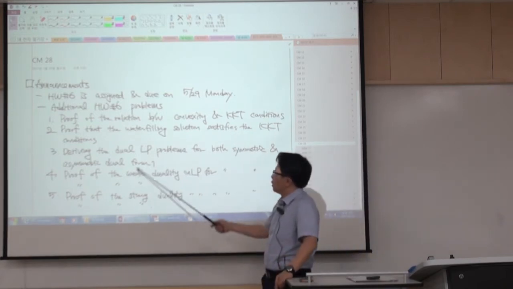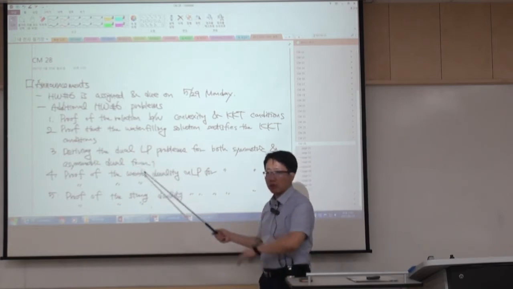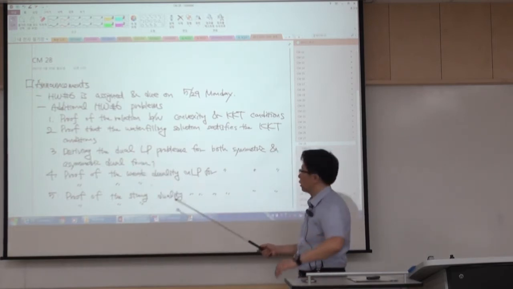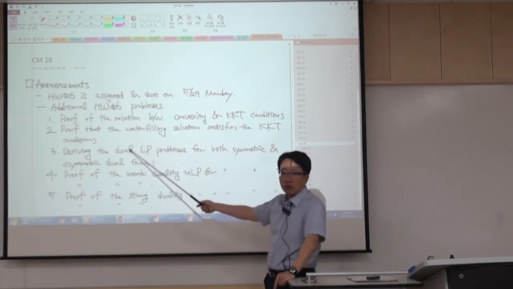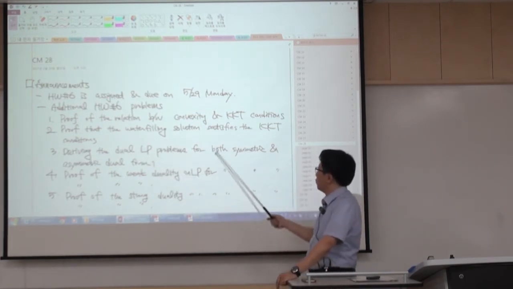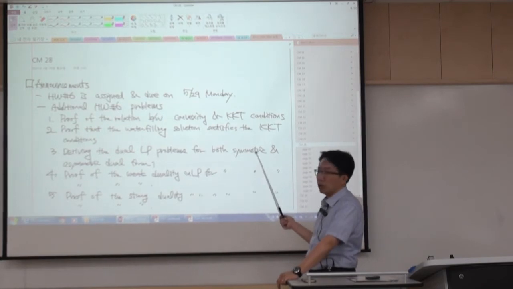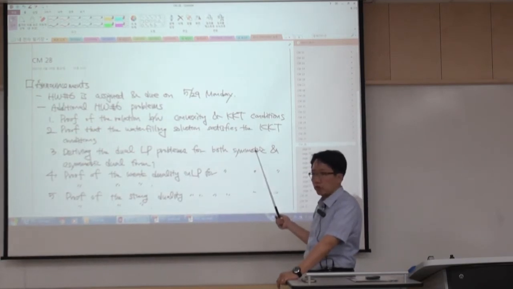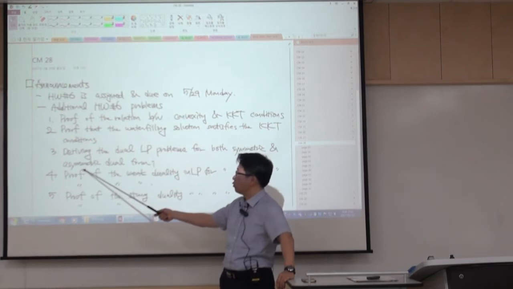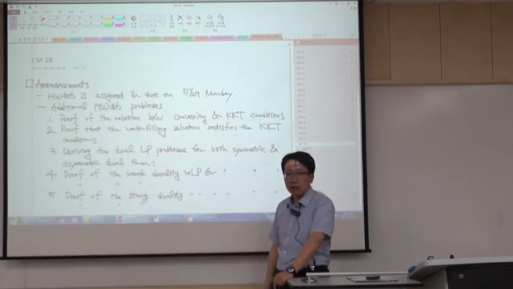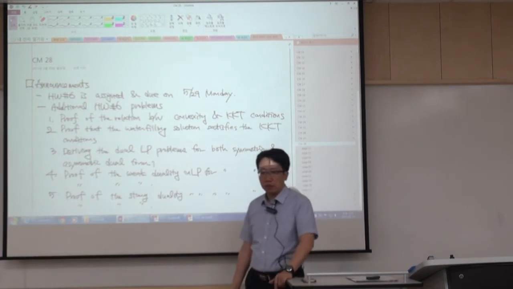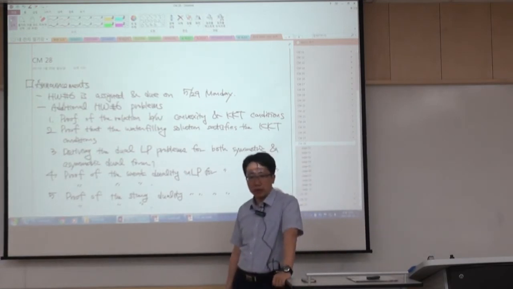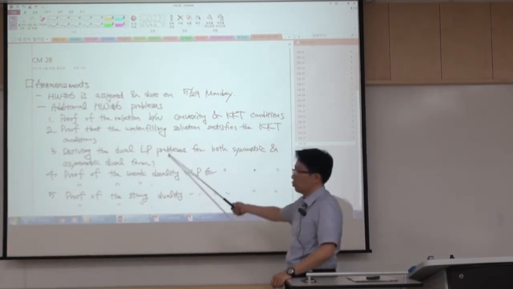The third one, as I'm going to summarize in a few minutes, is deriving the dual LP problems for symmetric dual form and asymmetric dual form, which means that the asymmetric dual form has the standard form LP, but the symmetric form primal LP does not have that. I'm going to show that.